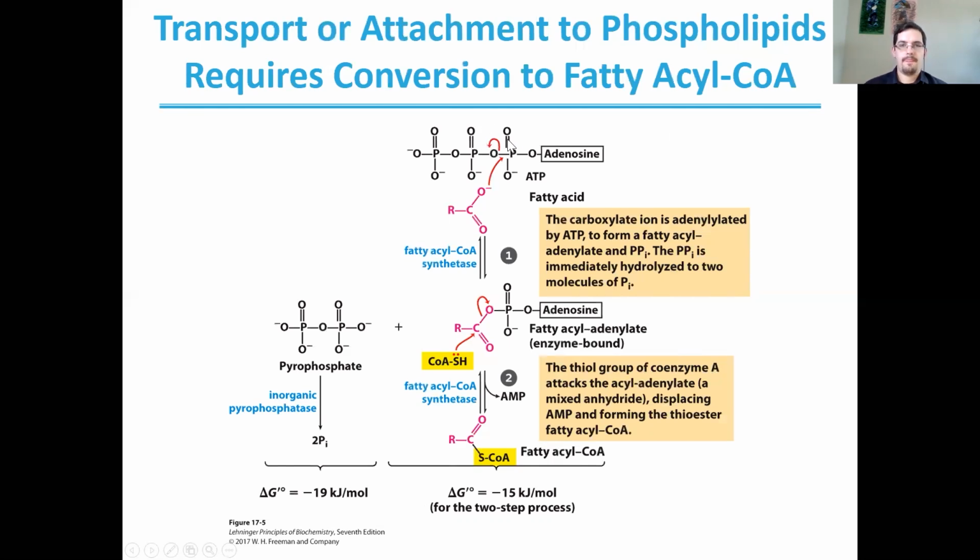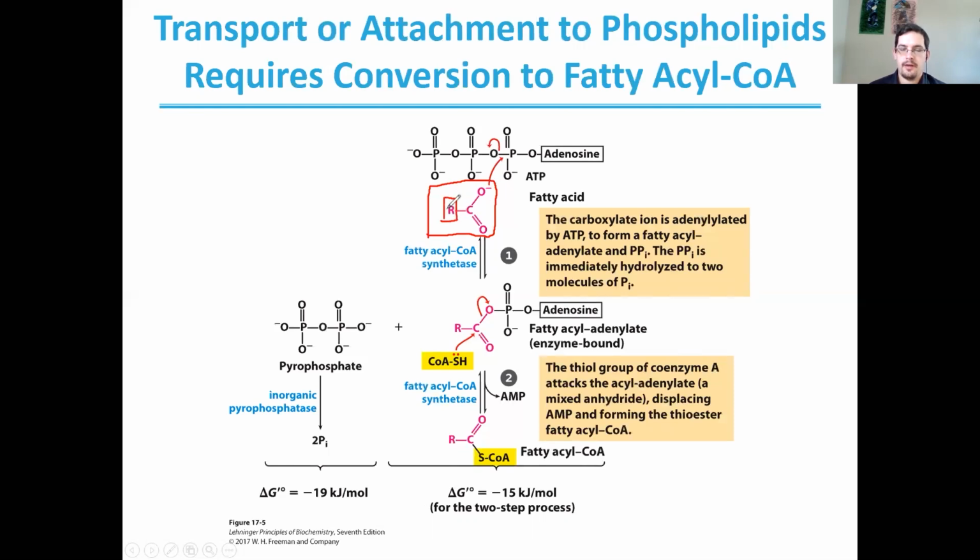Now, for most of our energy production, we're going to take our fatty acids and cut them up to make our individual acetyl-CoA units. So we're going to take our fatty acids, so that's represented here. We have our carboxylic acid at the end of our fatty acid.